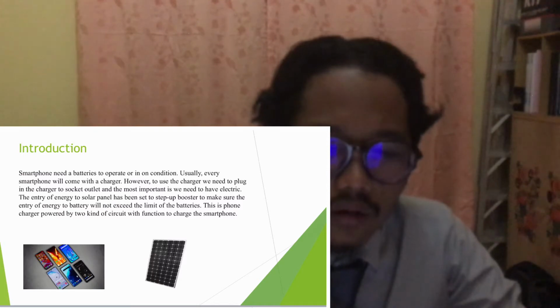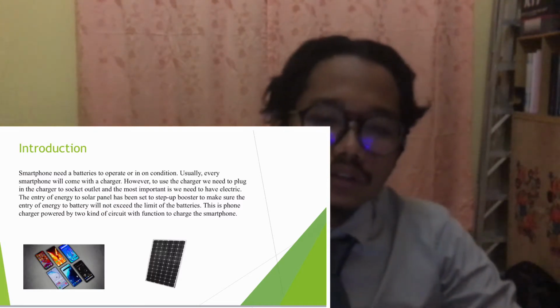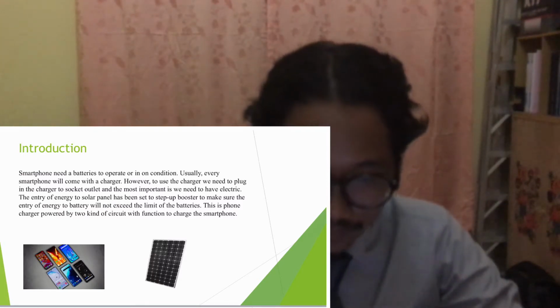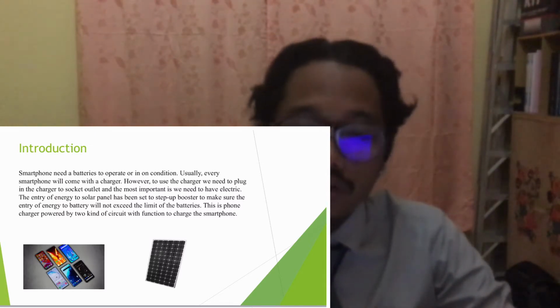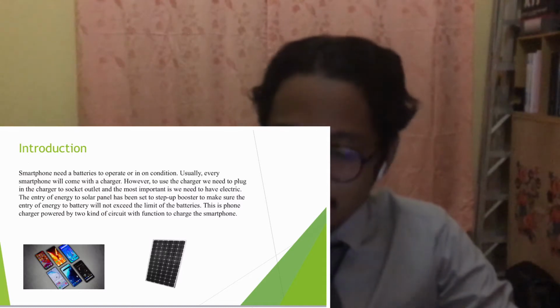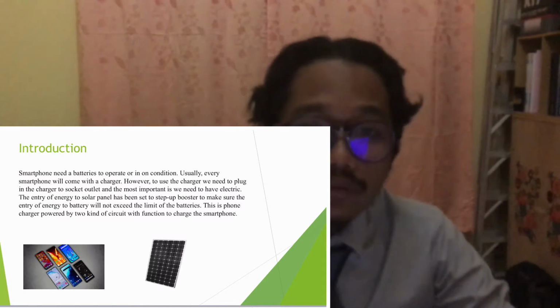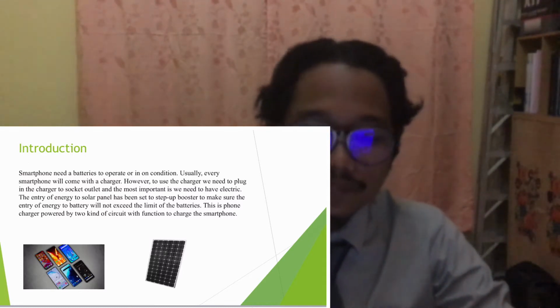My final year project is a solar mobile charger. The introduction: a smartphone needs a battery to operate. Usually, every smartphone comes with a charger.